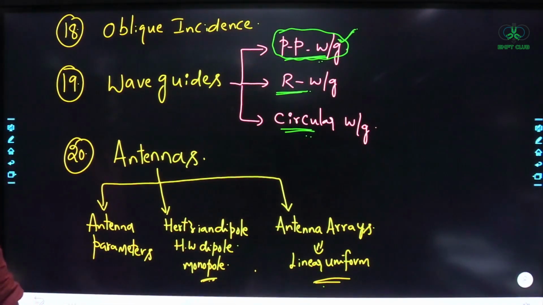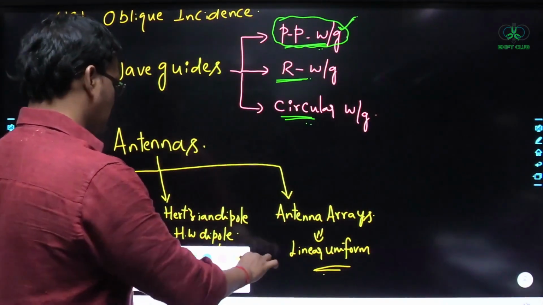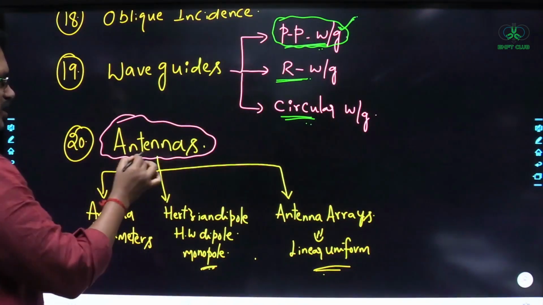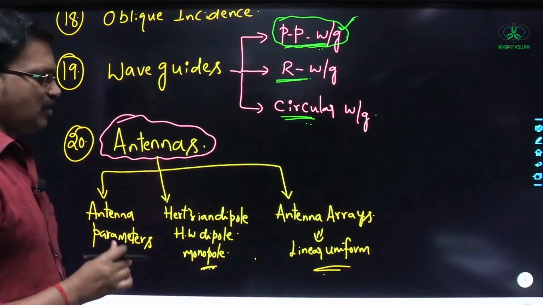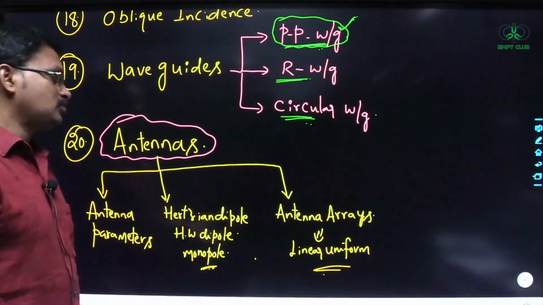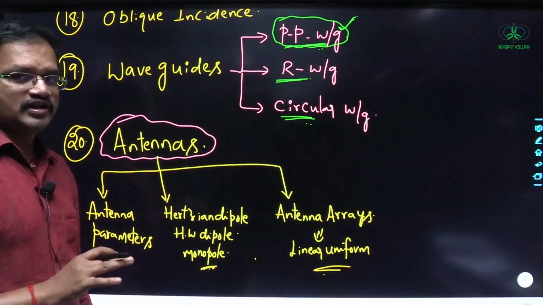Generally the students will feel difficulty in understanding this topic. Why? Without the basic concepts, if you directly jump to learn antennas, you won't understand anything, so obviously you are going to find it difficult.